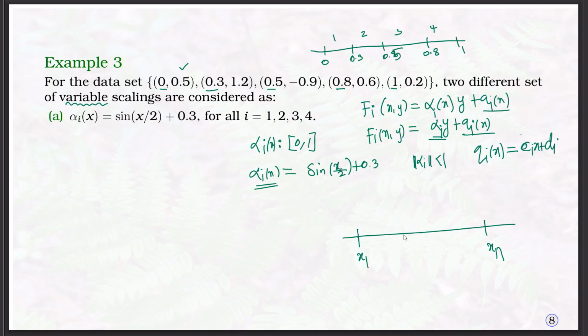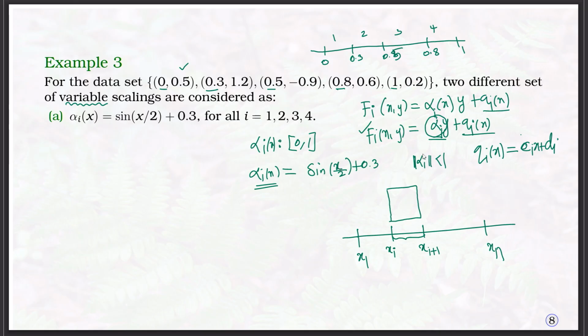If you choose the constant scaling factor alpha, it controls F_i over this interval. Suppose you choose any x in this interval.